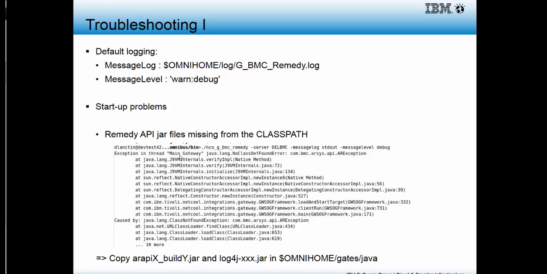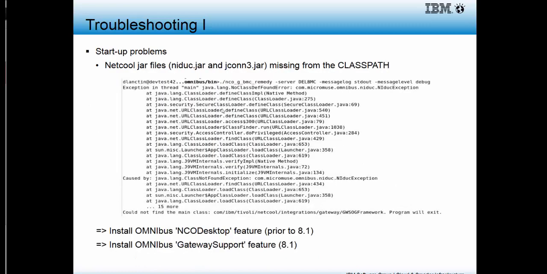Generally, startup problems are usually down to the jar files not being in the correct path. So ensure they're in the correct location, set your class path as needed. Copy your Remedy API jar files into the correct directory, the OmniHome gates java directory, and make sure you have the niduc.jar and the jcon3 jar in the OmniHome java jars directory.